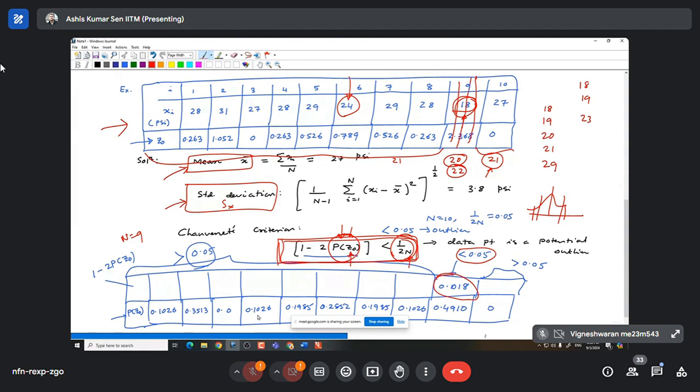We are talking here about your measurement of one variable at a given input condition. That means you have the RPM fixed and you are taking multiple measurements. Let's say at a fixed RPM, you take 10 measurements of torque.